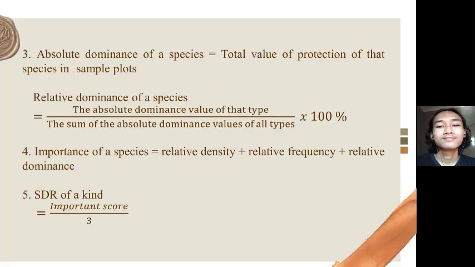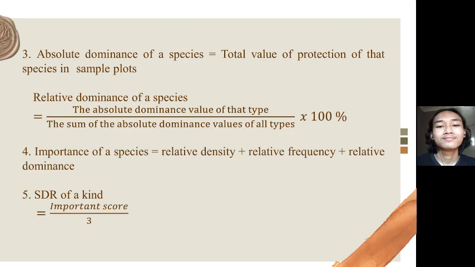Number 3. Absolute dominance of a species: total value of protection of that species in sample plots. Relative dominance of a species: the absolute dominance value of the type per the sum of the absolute dominance values of all types, multiply 100%.